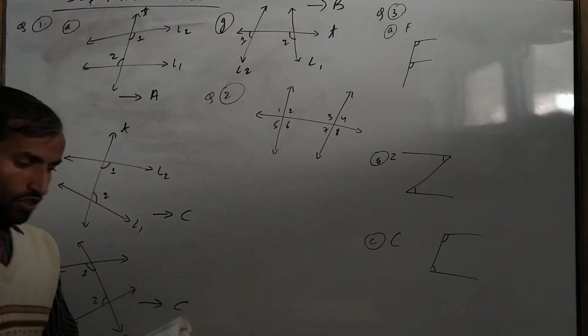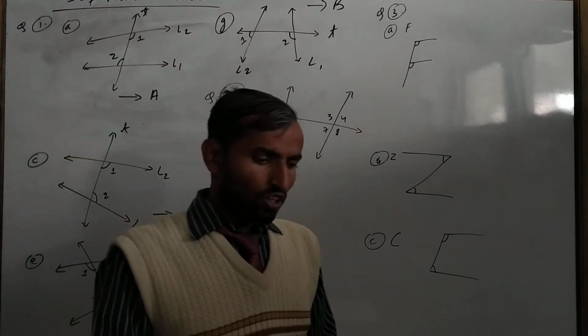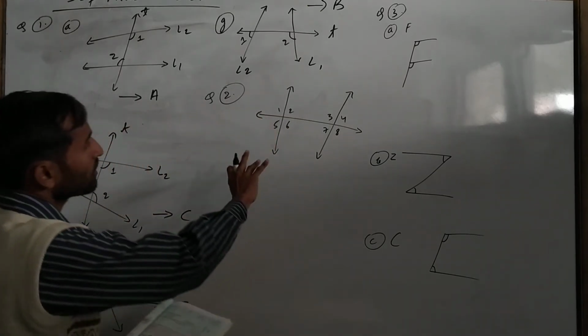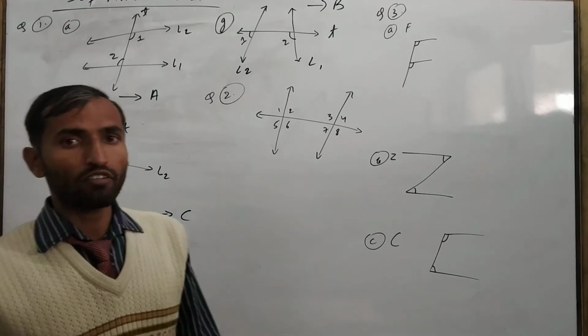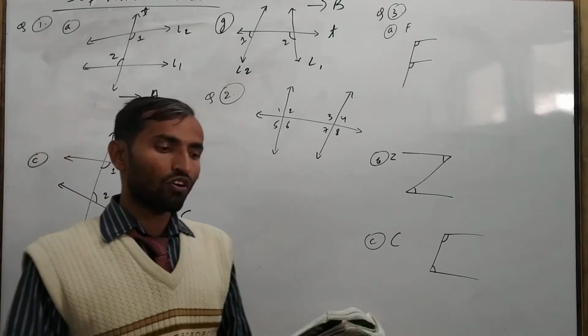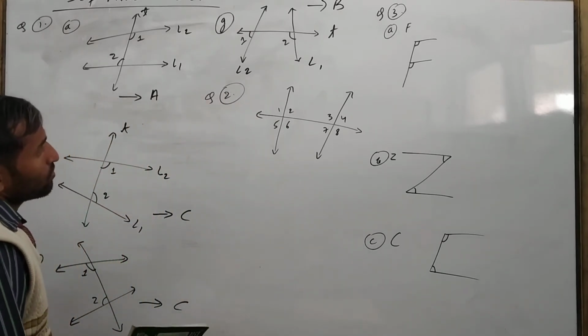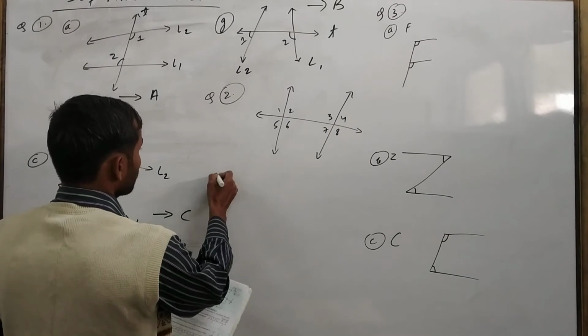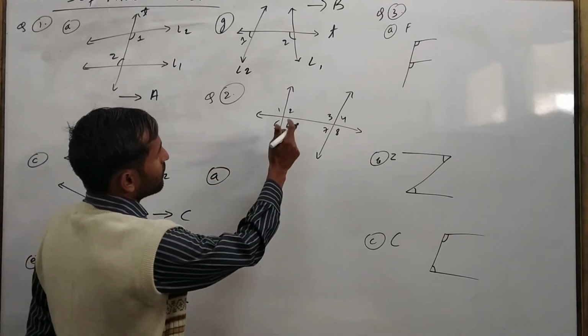Okay. Now in question number 2, we have to name corresponding angles. The diagram is given. Which pair forms corresponding angles, which pair forms alternative angles, which pair forms co-interior angles, and which pair forms vertically opposite angles. Okay. So here just you see for the A part, corresponding angles.